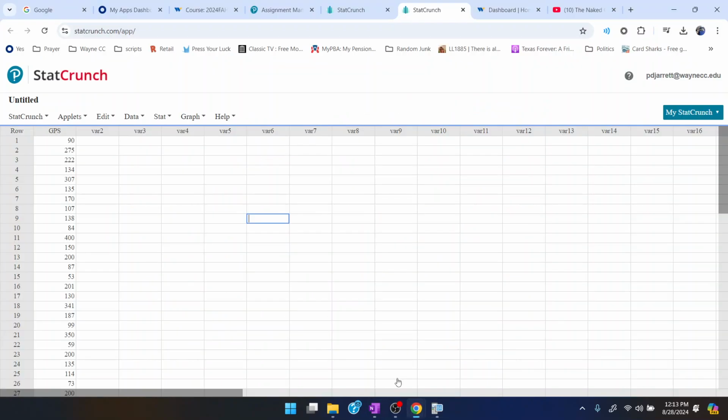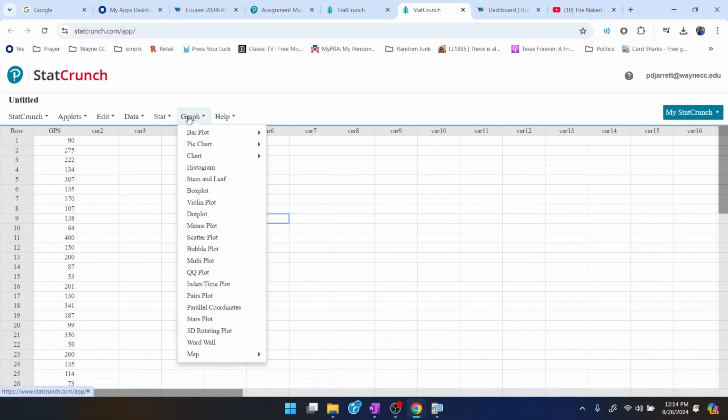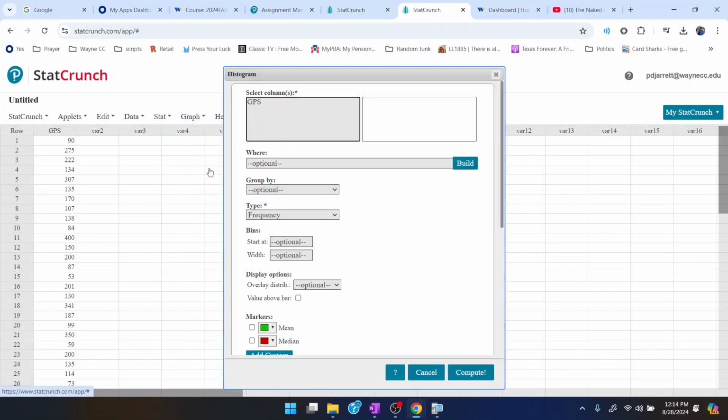You're probably wondering, oh God, how am I going to do this? Well, watch this. If you go to Graph and Histogram, we're going to select GPS.